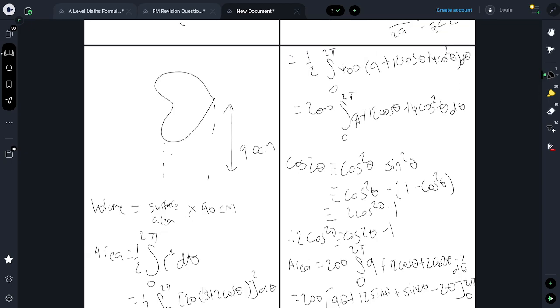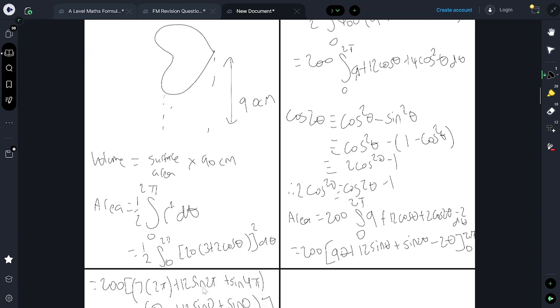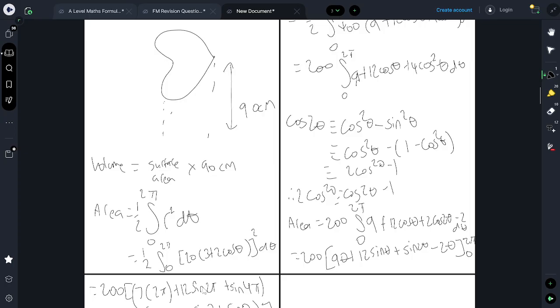Let's have a look. Cos squared minus sine squared. Well, that's still going to be cos squared minus sine squared is 1 minus cos squared. Yep. So that'd be 2 lots of, yep. So that's 9.